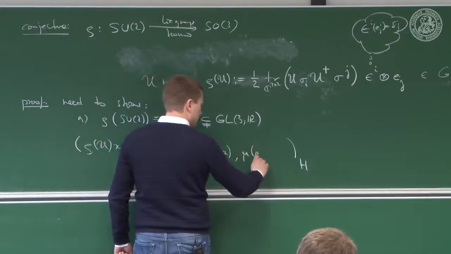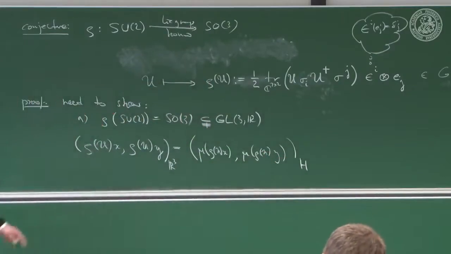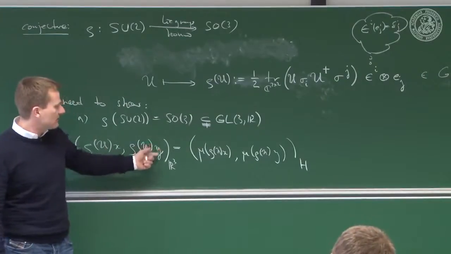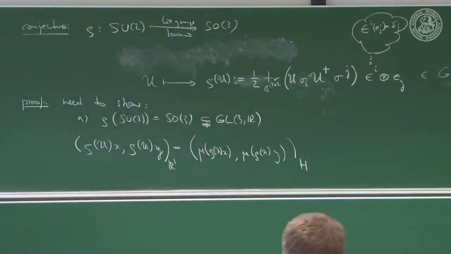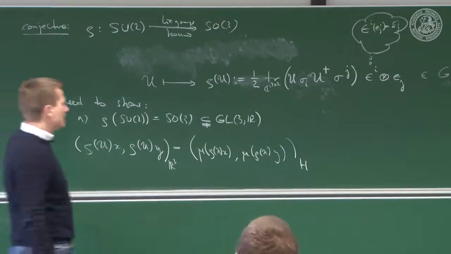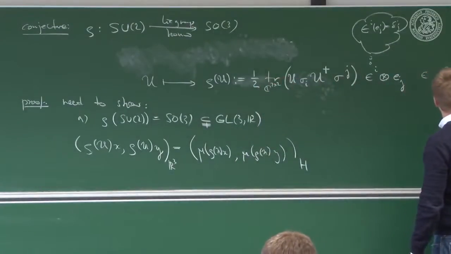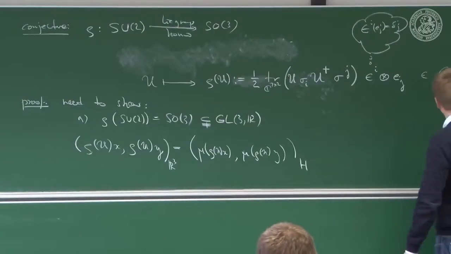Agree? Because we had the inner product without the mu, then apply the mu, is the inner product on H. Okay, we just proved this. But now you see, remember what the mu was. The mu was in particular the inverse of the mu inverse.